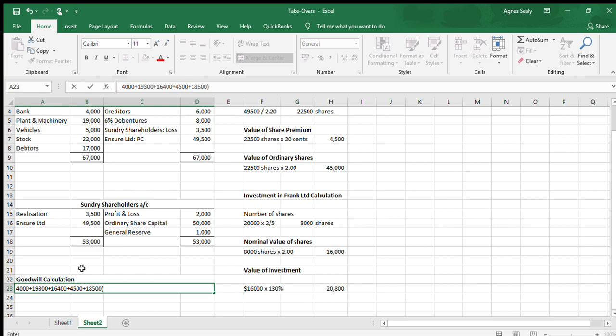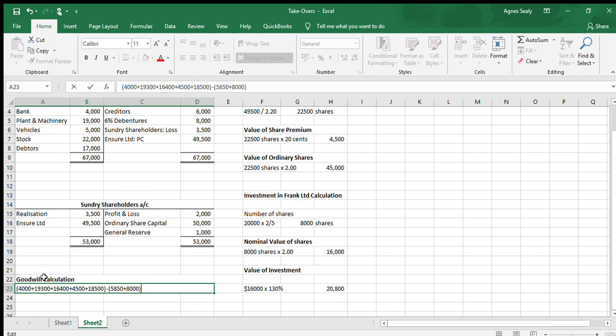So we are going to add these together, and what we're subtracting from these, remember your net assets is your assets minus your liabilities. So our liabilities then is our creditors of $58.50 plus our debentures of $8,000.